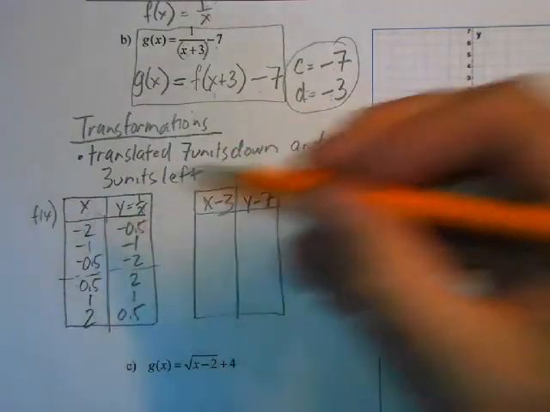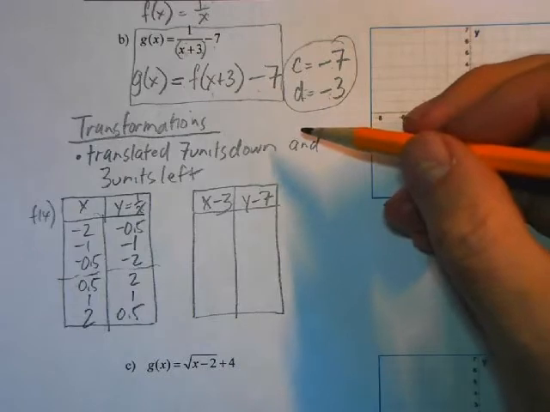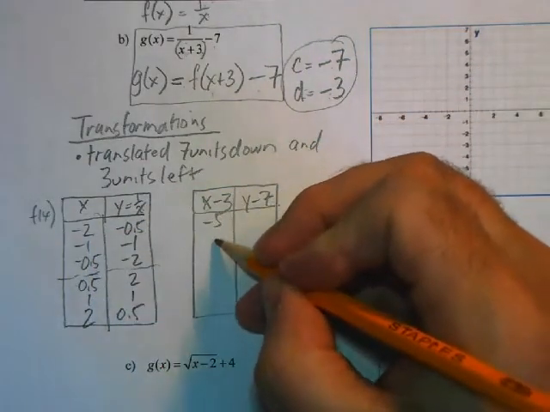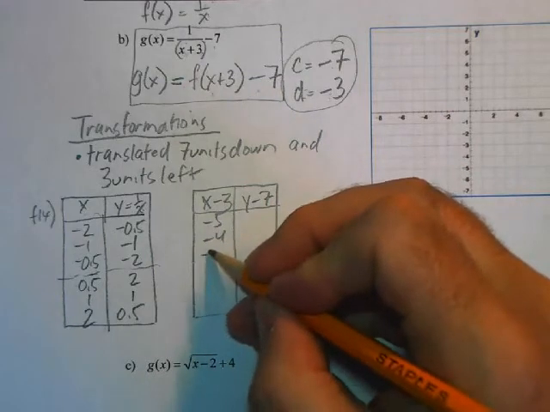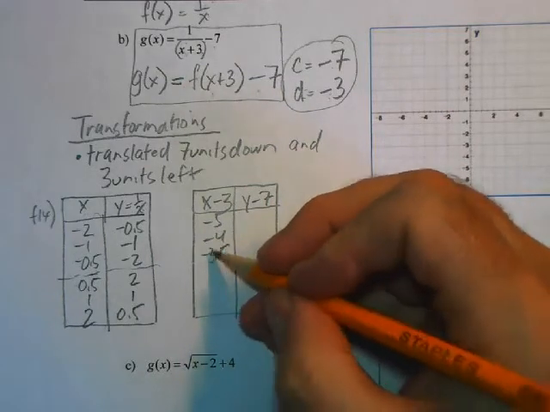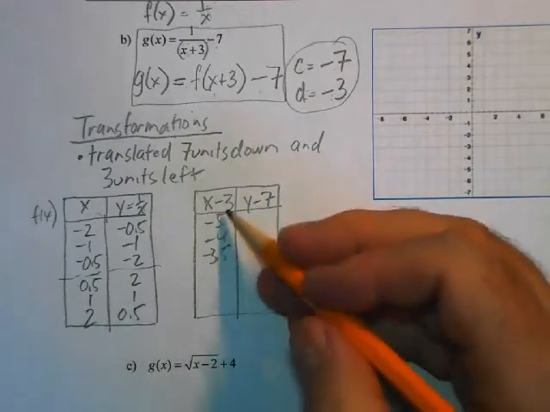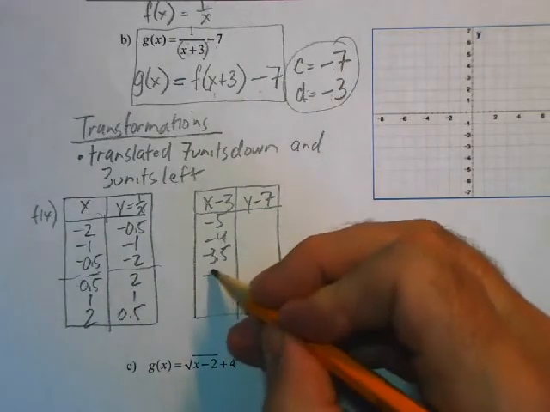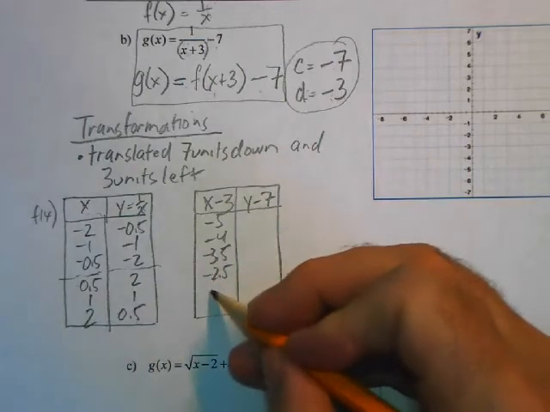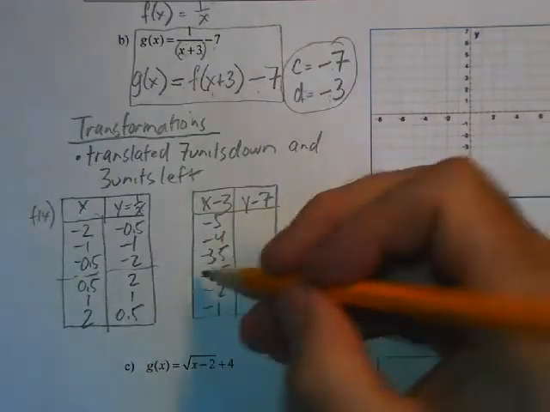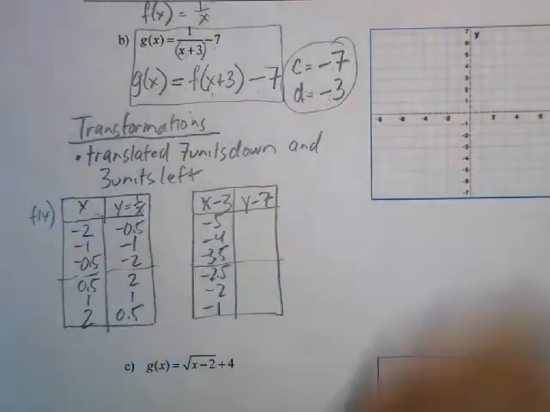So if I'm subtracting 3 from my x values, so -5, -4, -3.5, subtracting 3, so that's -2.5, -2, and -1. And there's my imaginary line for the 2 branches.